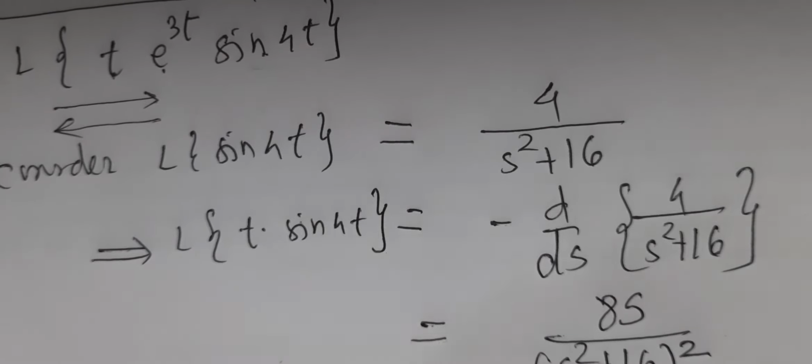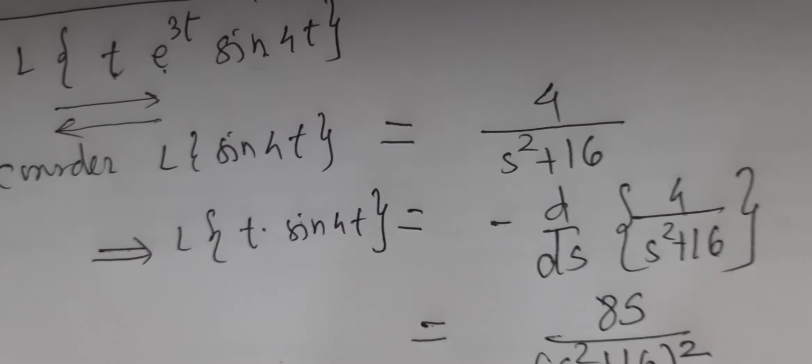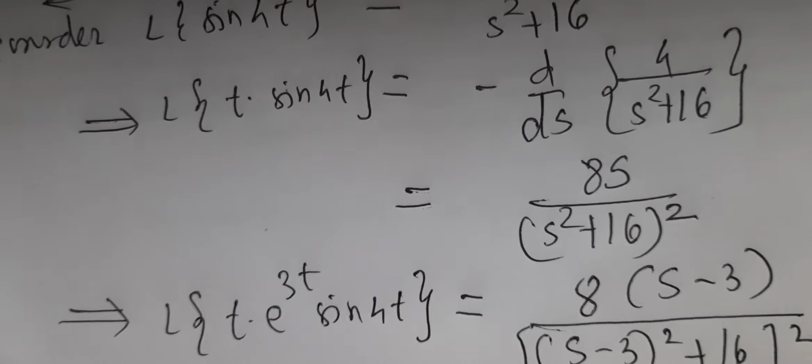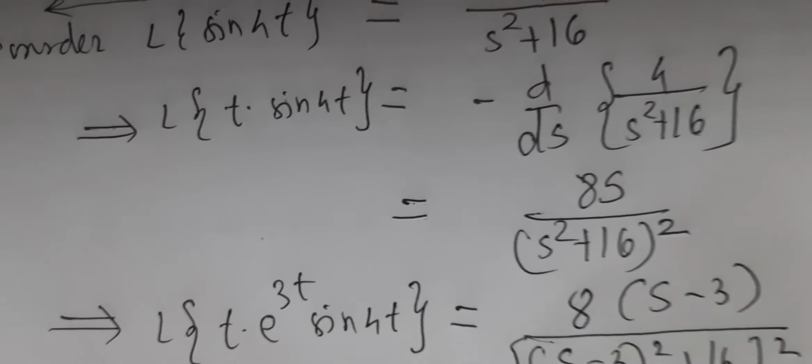We are going to get s minus 3 whole square, and when the expression is lengthier, it's tedious to find the derivative. It's not any rule, but just our convenience. As much as possible, we keep first shift at the end. That will be our last step.